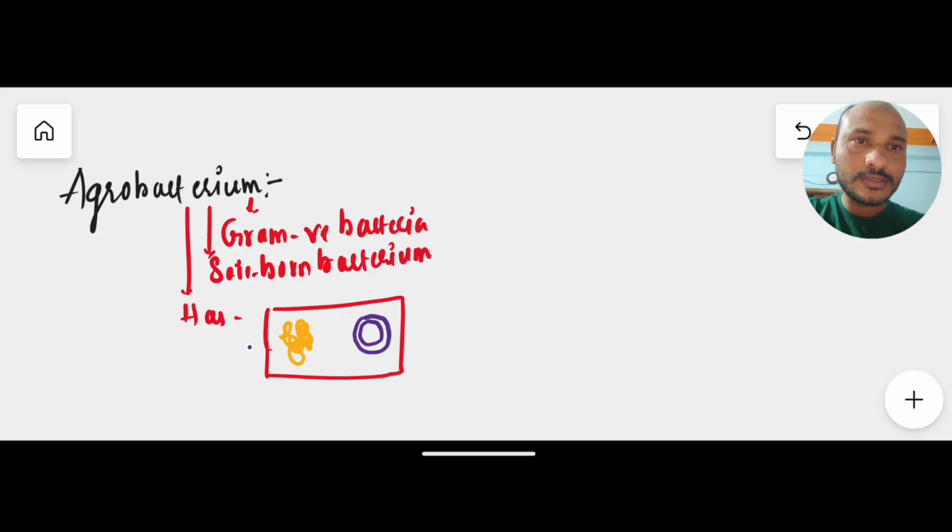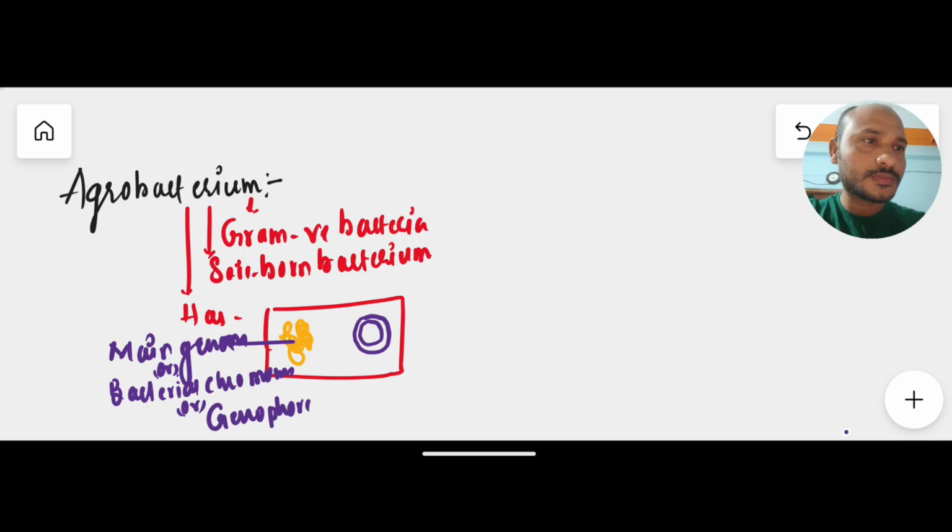This is the main genome of the bacteria, also called the bacterial chromosome, or genophore.